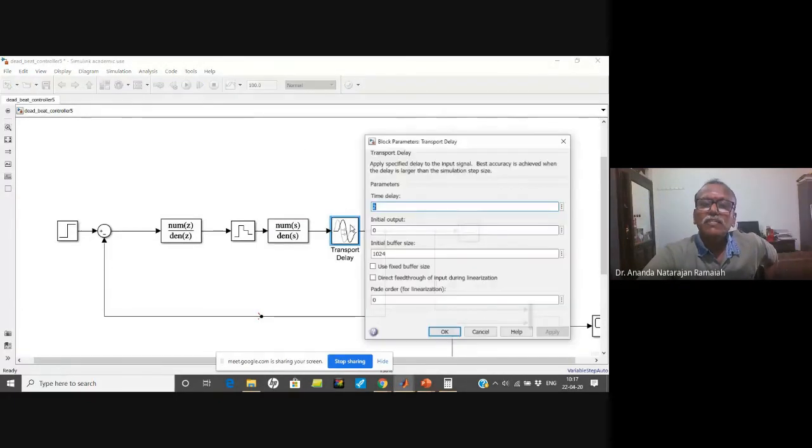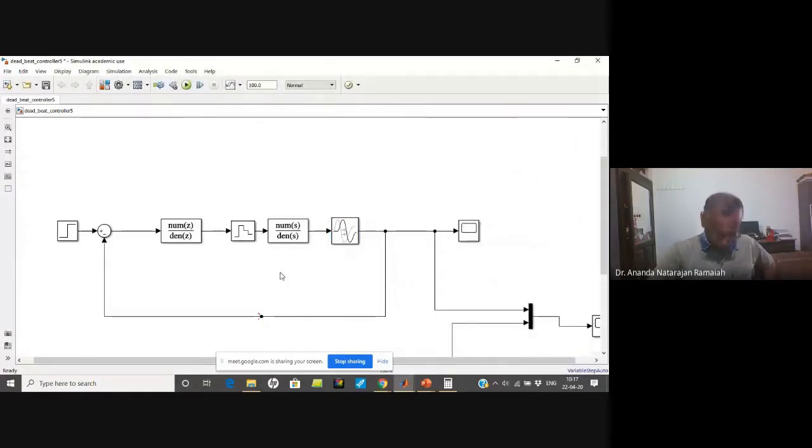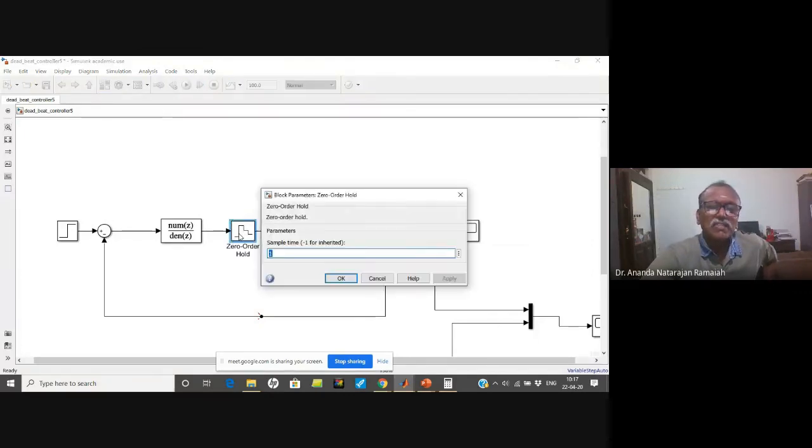Transport delay is taken as 2 seconds. For that, we designed a Dahlin's controller with mu equal to 2, and this is a zero order hold with sampling period 1.